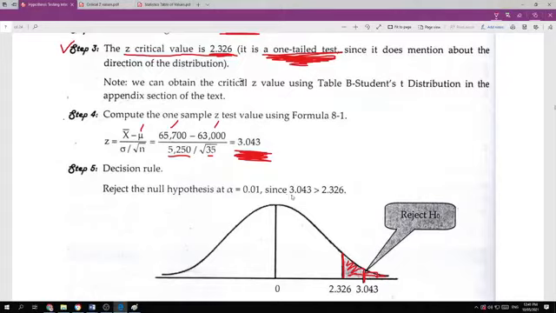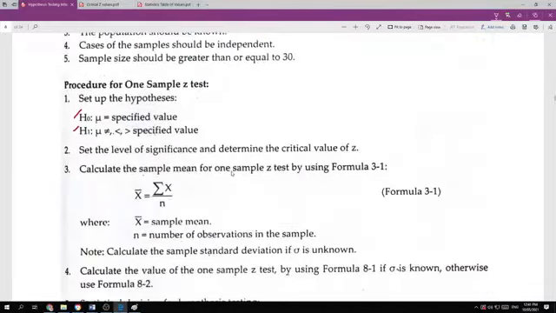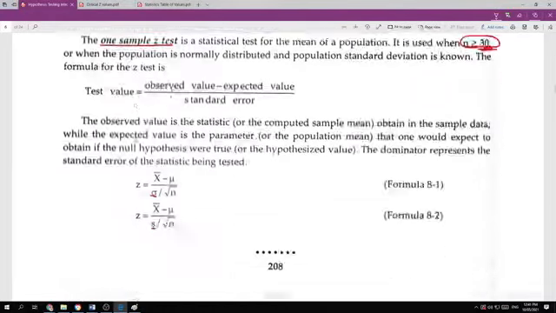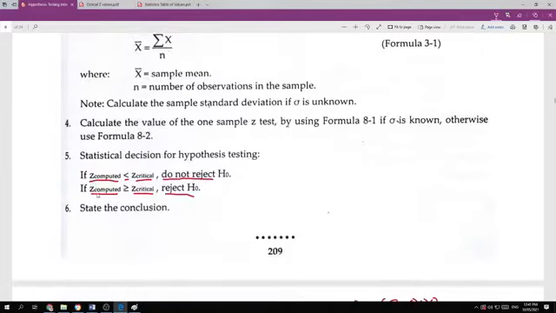Diba I told you a while ago, in decision making. There you go. If the computed z is greater than or equal to the critical z, reject HO. Okay? Okay ra jud dili mo mag-drawing og katong distribution table, katong z the normal curve.